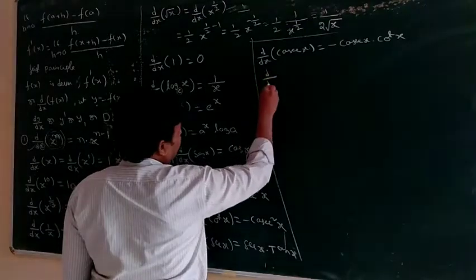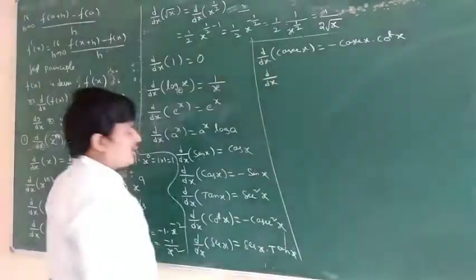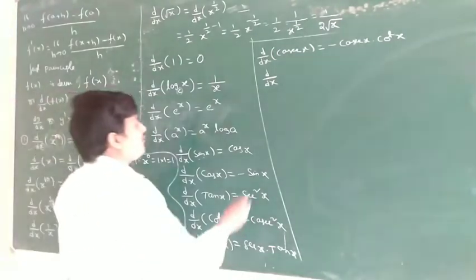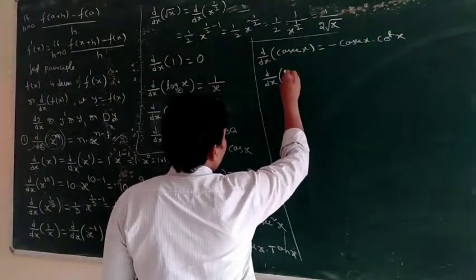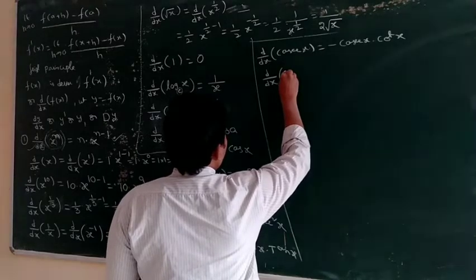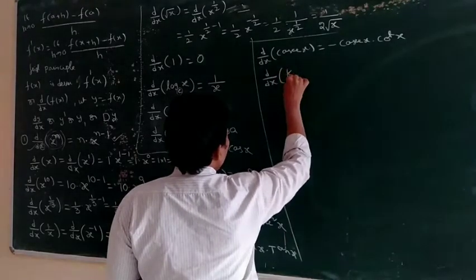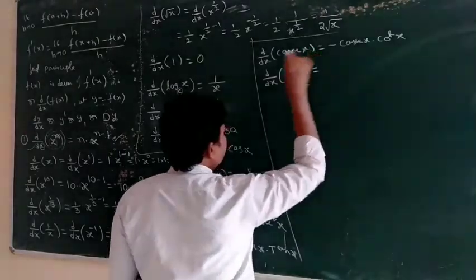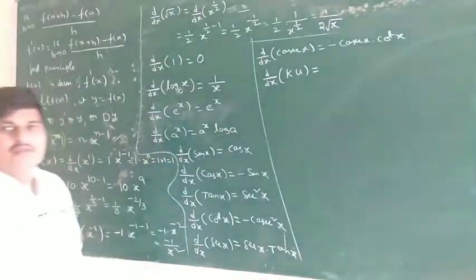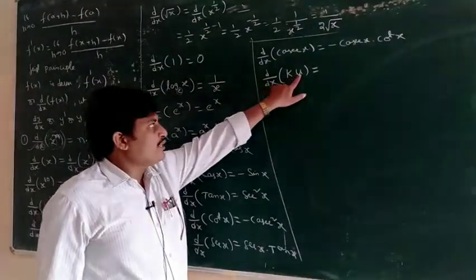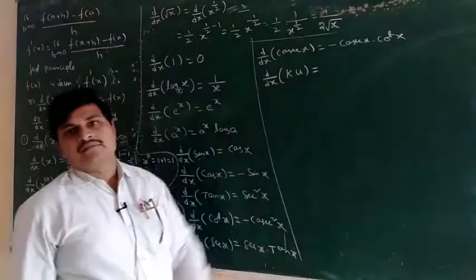For example, next one, these are the fundamental formulas. Next, derivative of k u. This is the next formula. Derivative of k u, here k is a constant, u is a function.